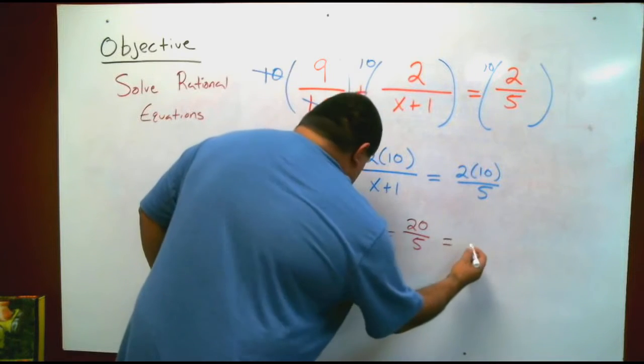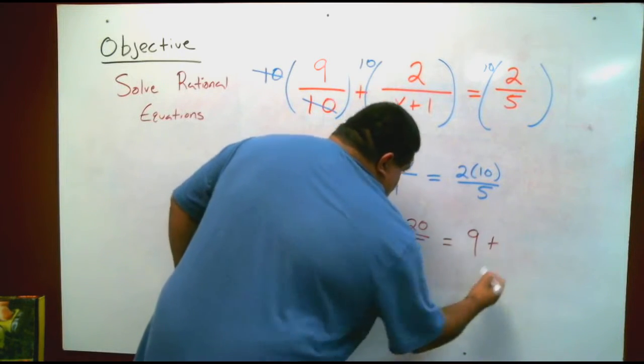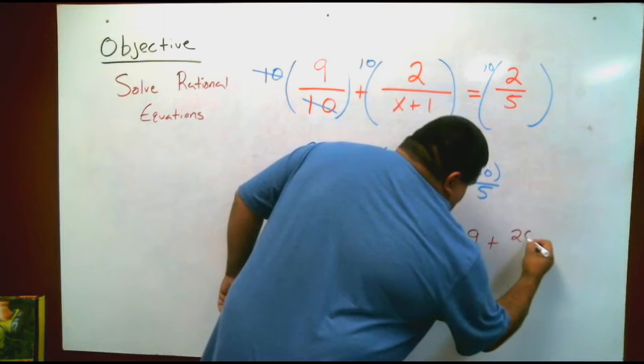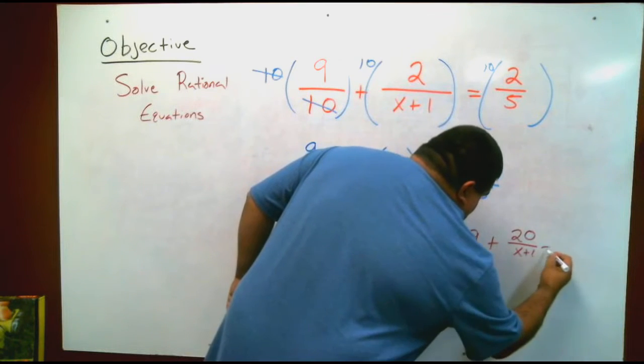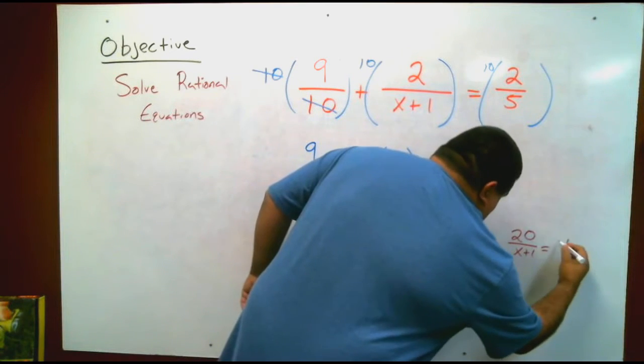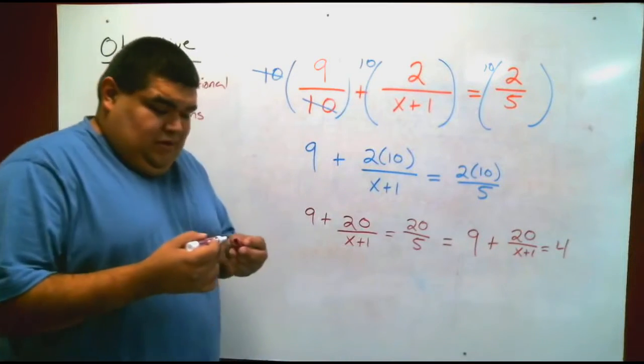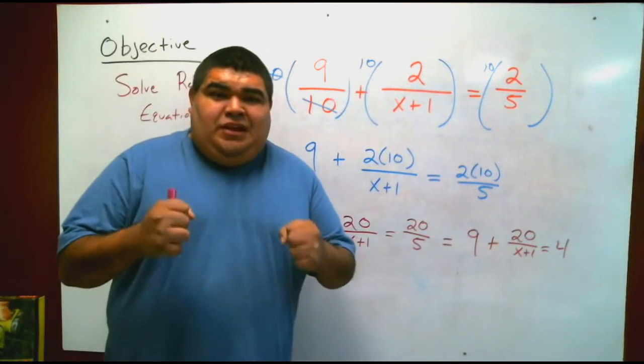So it would come out to 9 plus 20 over x plus 1 equals 4. Notice that we're almost done.